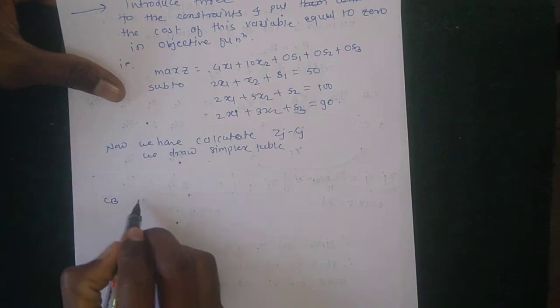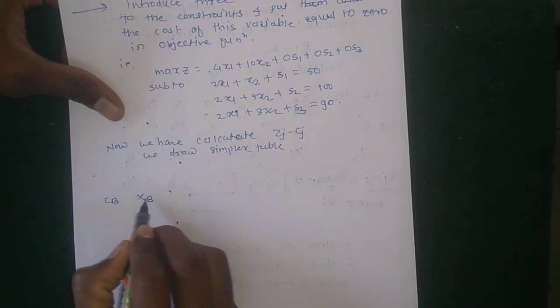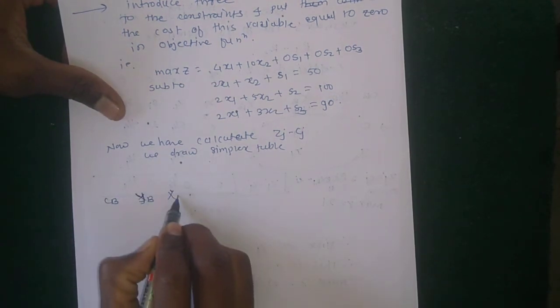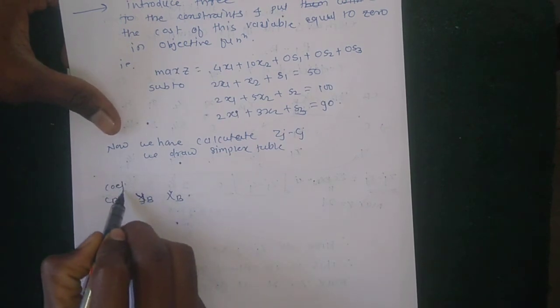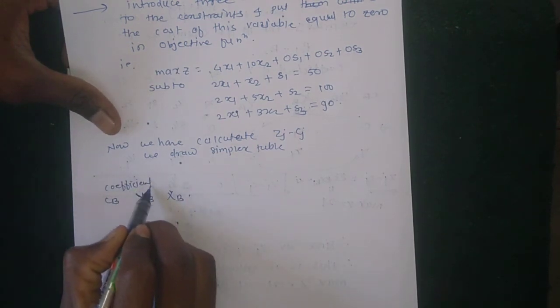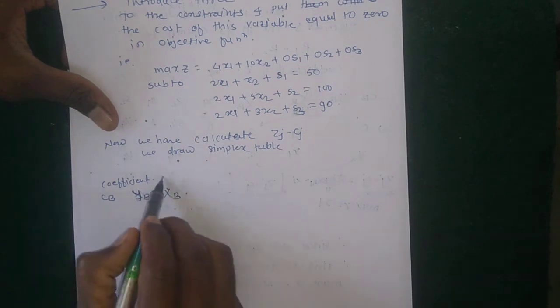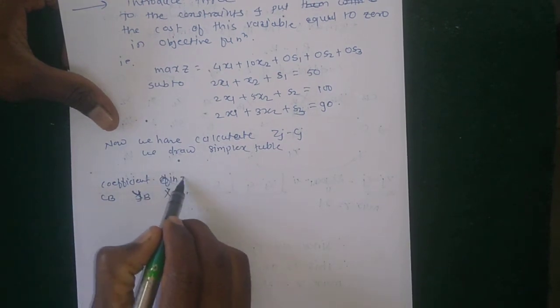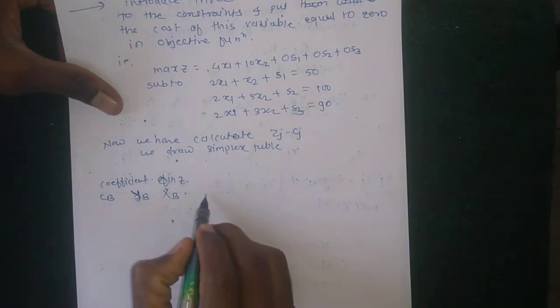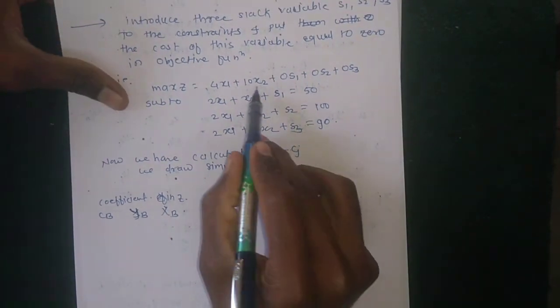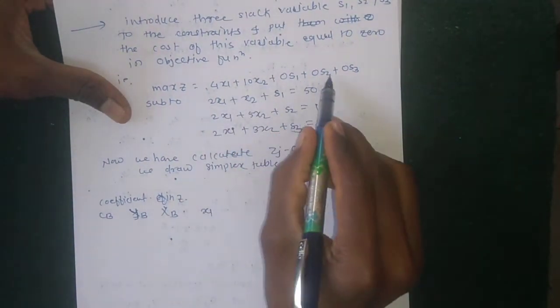The simplex table has columns CB, XB. The upper side has the coefficients of Z. Then the variables are x1, x2, s1, s2, s3.